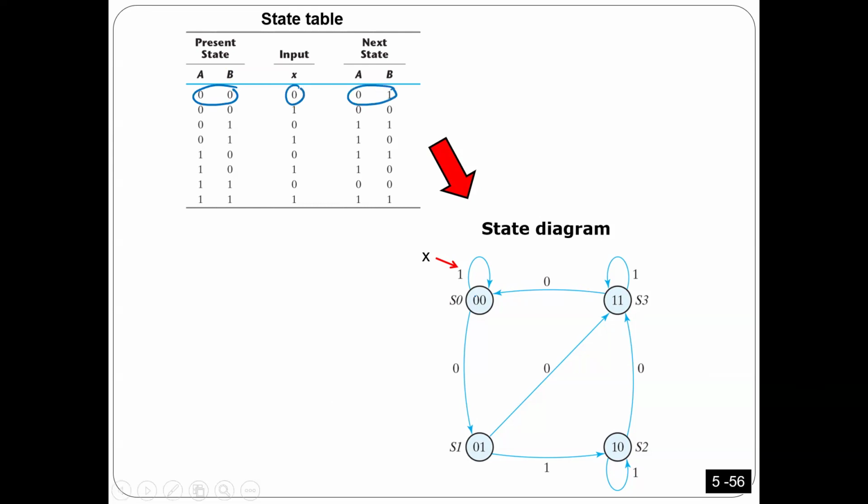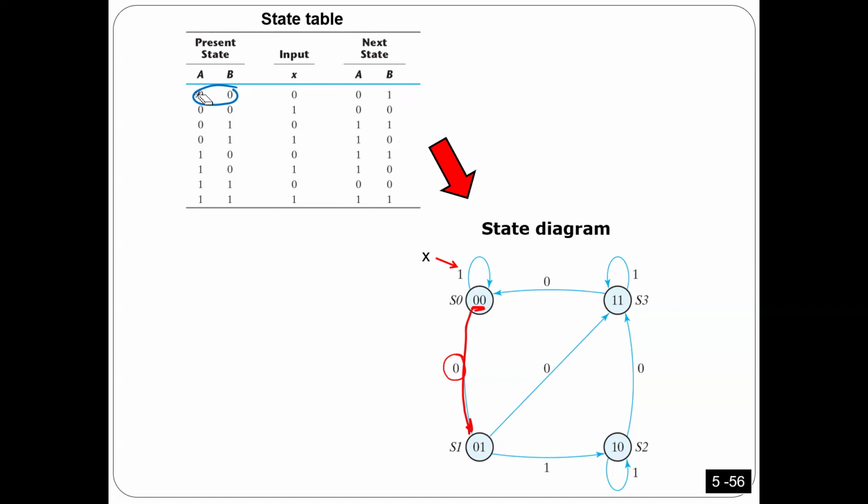So the first row here is going to be this arrow here. If I'm 0, 0, I have to go to 0, 1 when x is 0. Okay?